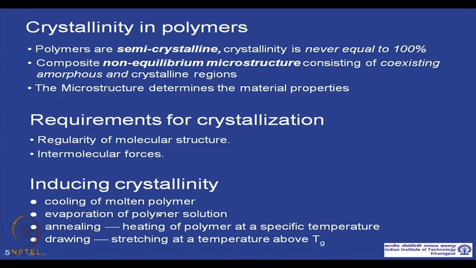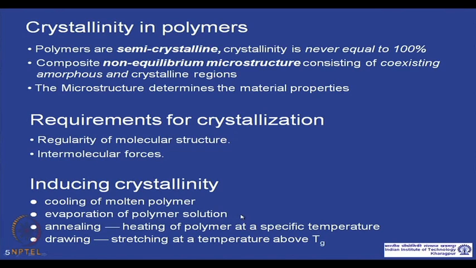How do you induce crystallinity in a polymer material? Remember, we discussed last class that generally we can introduce it by cooling a molten polymer, or annealing a semi crystalline or amorphous polymer at a specific temperature. Annealing is just keeping an amorphous or semi crystalline polymer at a particular temperature for a long time.